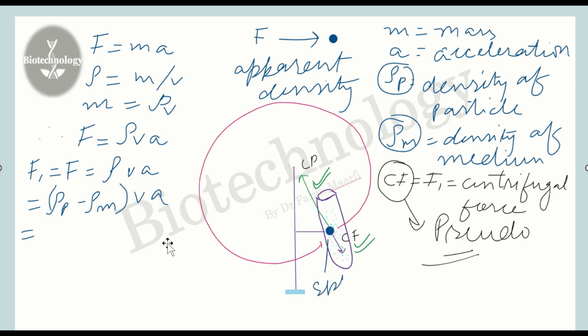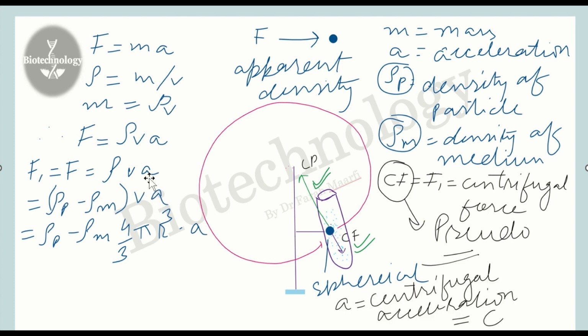acceleration. Since the particle is spherical, the formula for V will be 4 by 3 pi r cube. And A is here a centrifugal acceleration because it's acting in a centrifugal field.